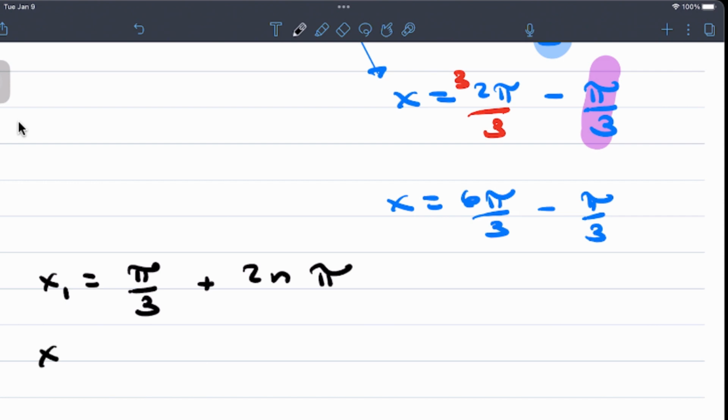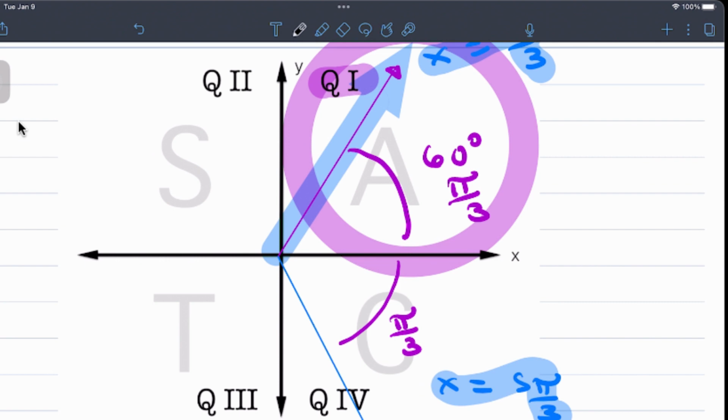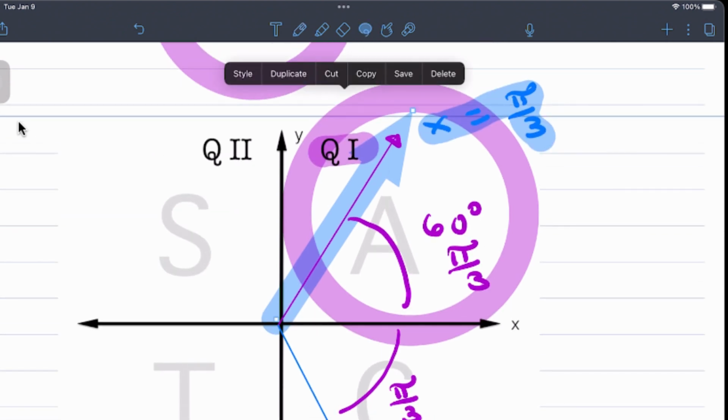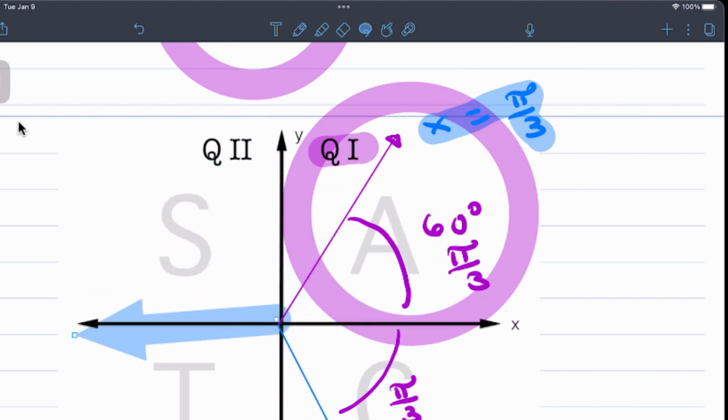The same thing for the second solution down here, right? So if I said to you guys, all right, what about this? Our solution's at 5 pi over 3. How do we get all the other quadrant 4 solutions? I have to rotate this how? 2 pi?